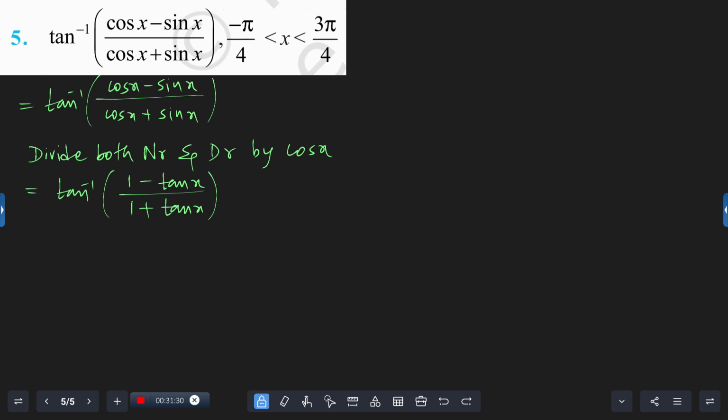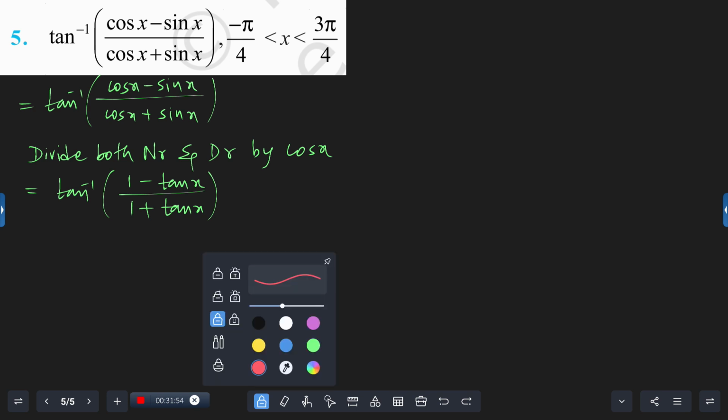Now I brought tan because outside we have a tan inverse, and now inside also we have a tan. Do we have any formula for 1 minus tan, 1 plus tan? When we have a square you can go, but there is no square. So we will try to bring it into this method.